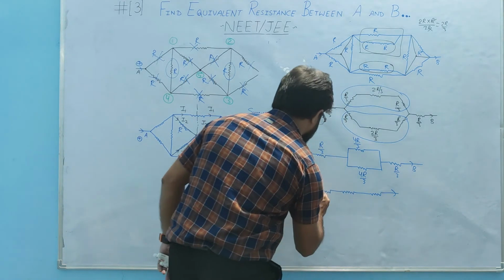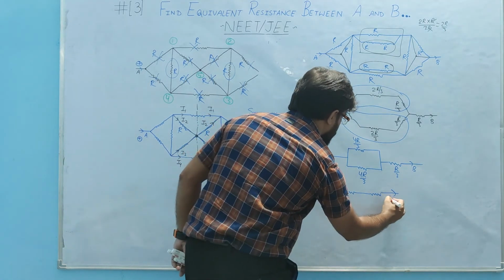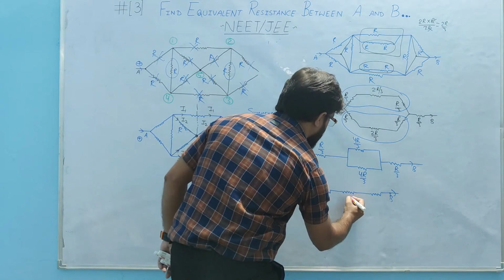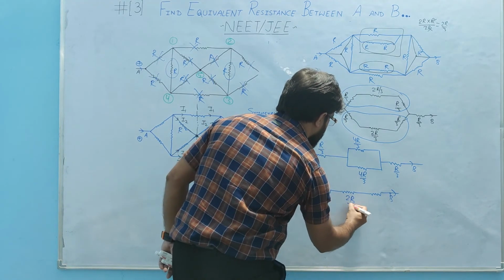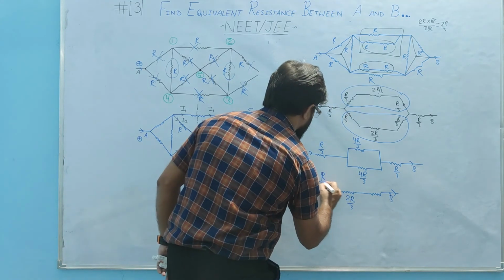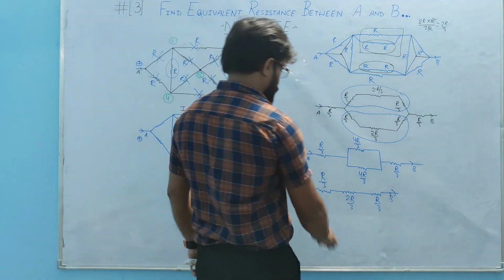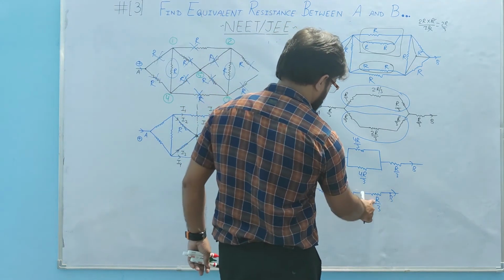If similar resistances are in parallel, then we can take half of any one of them, so it is 2R by 3. If you want to solve it, you can solve that also: 1R by 3, 2R by 3, 3R by 3.